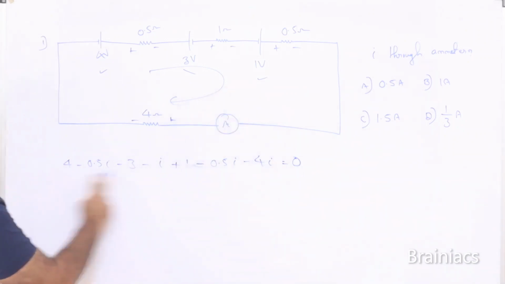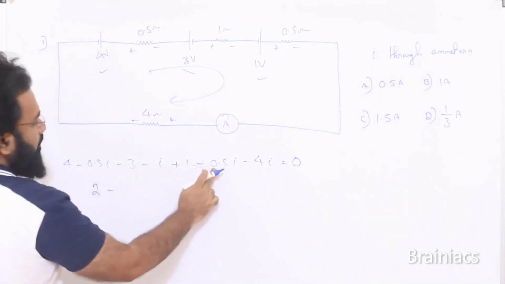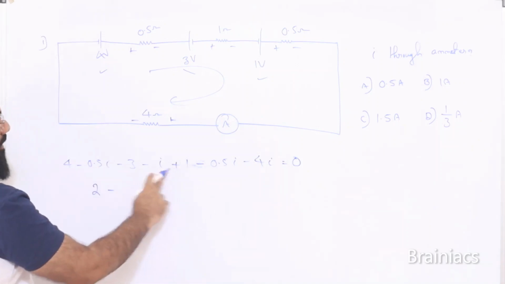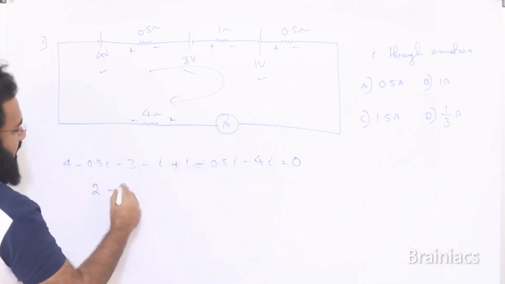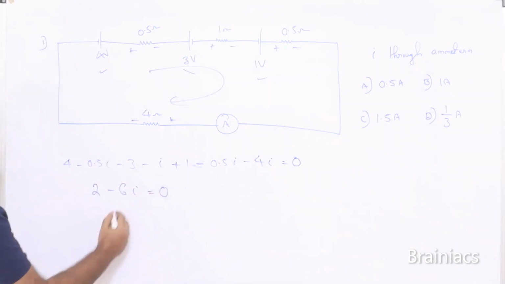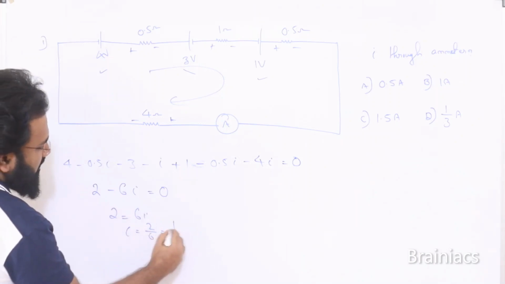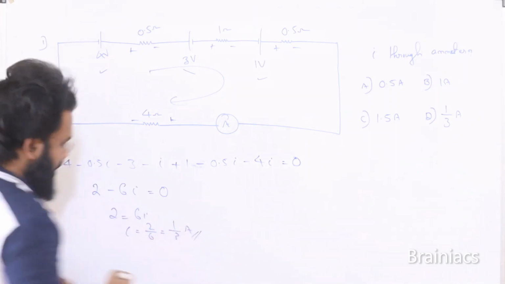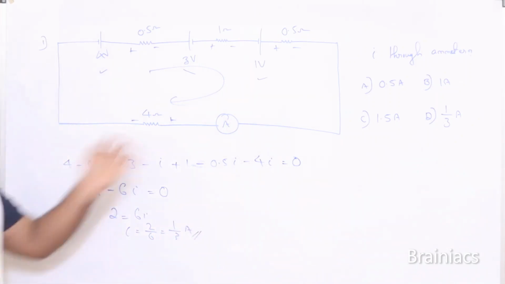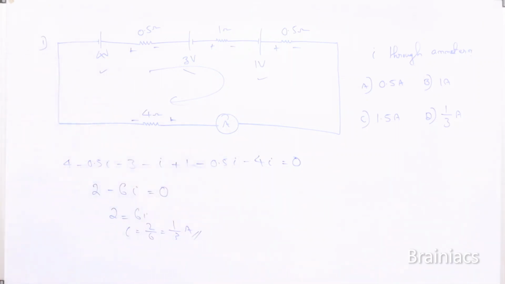Okay, so 5 minus 3, 2 minus 0.5 plus 0.5, 1 plus 1 is equal to 2, then minus 6I is equal to 0. So 2 is equal to 6I, I is equal to 2 by 6, which is nothing but 1 by 3 ampere. So directly also we can do, or just by replacing with the cell circuit.